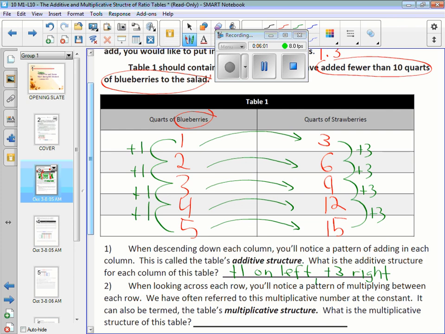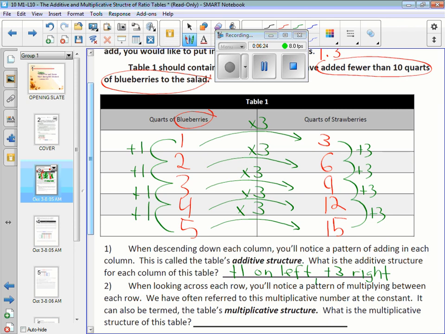Multiplying by 3. To get from 2 to 6, what are you doing? Multiply by 3. 3 to 9. 4 to 12. 5 to 15.